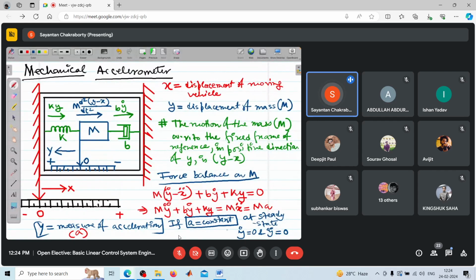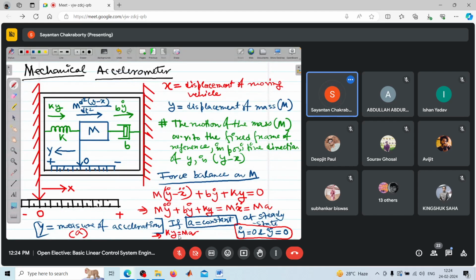So if you consider y dot to be 0 and y double dot to be 0, then from this expression what you can write is ky is equal to ma, considering this steady state condition from this equation.